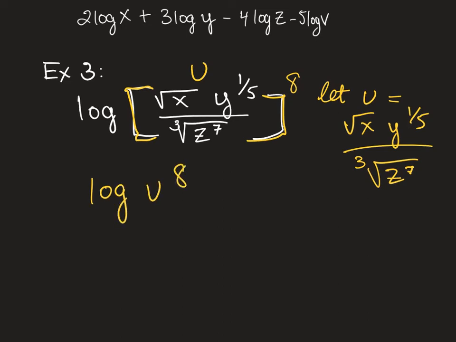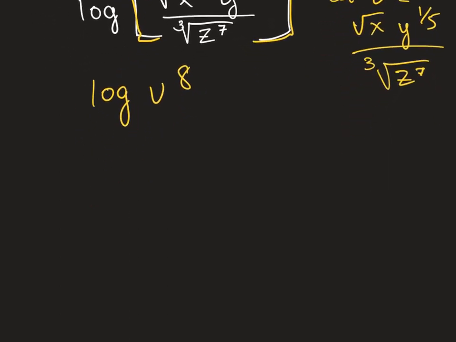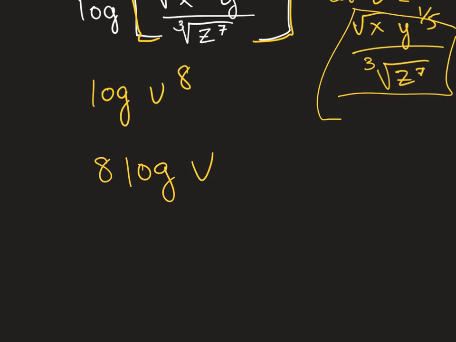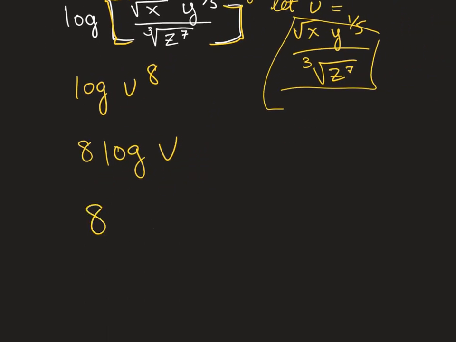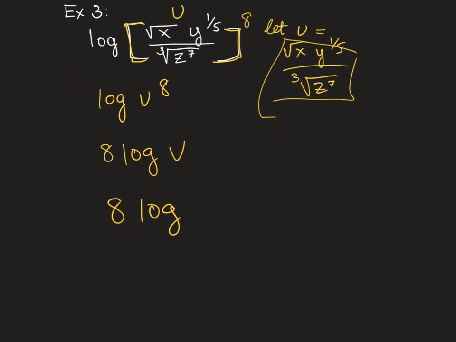In reality, just move it to the front, and you're going to get 8 log of u. That's literally what they're trying to tell you. And then you're going to take this and plug it back in. But in reality, use the same problem and make it 8 and skip all those steps. 8 log of the square root of x, y to the 1/5 over the cube root of z to the 7th.